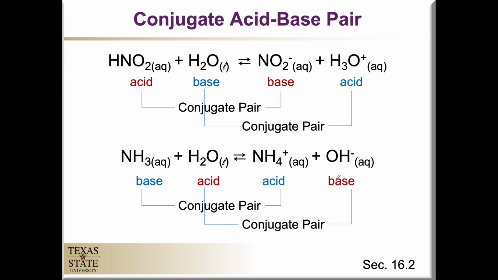Remember that the hydrogen ion contains a positive charge, so if you're starting with a neutral compound, then the conjugate is going to be negatively charged. On the other hand, if you're starting with, let's say, a positively charged acid, once it has donated that H+, you would end up with a neutral molecule.